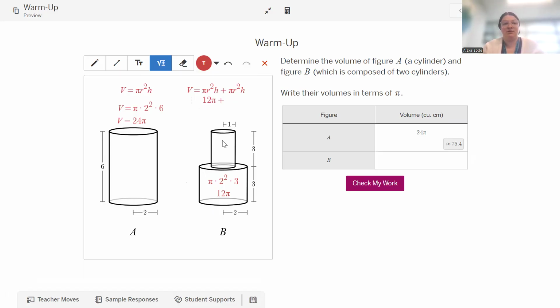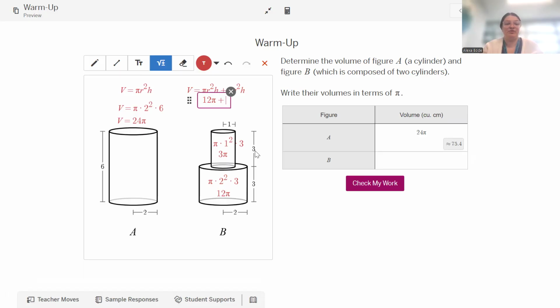So our second one here, we have pi times our radius for this one is 1. So 1 squared times the height of 3. 1 squared is 1. 1 times 3 is 3. So the volume of this smaller cylinder on top is 3 pi.